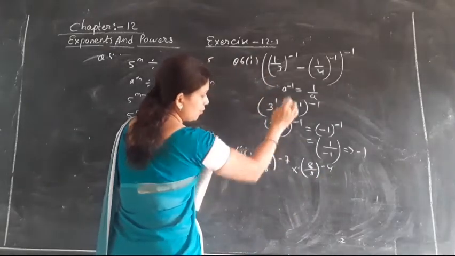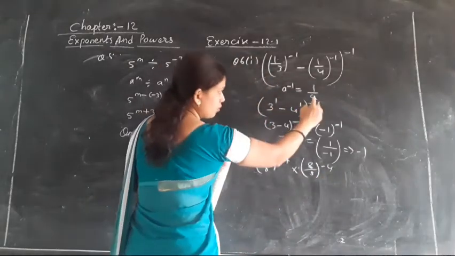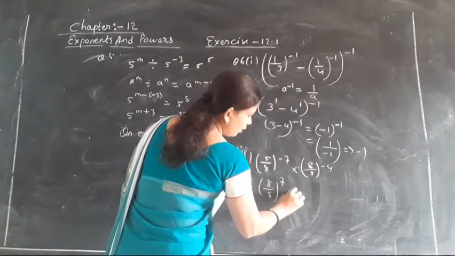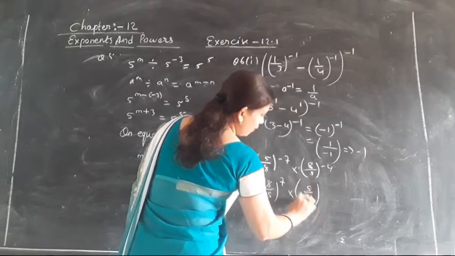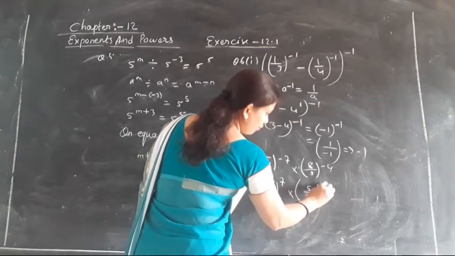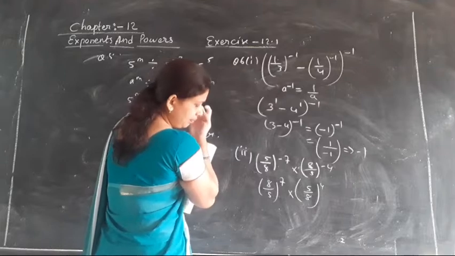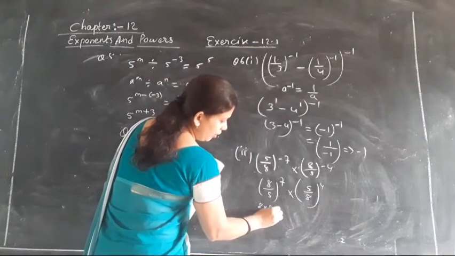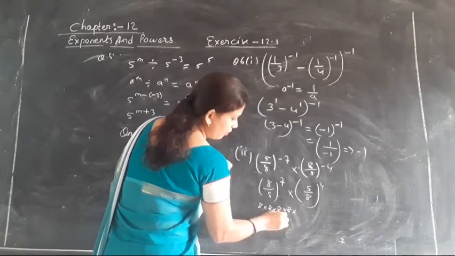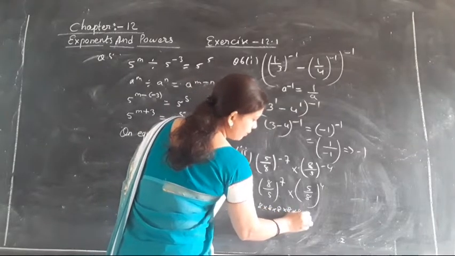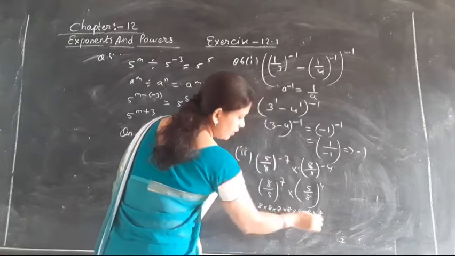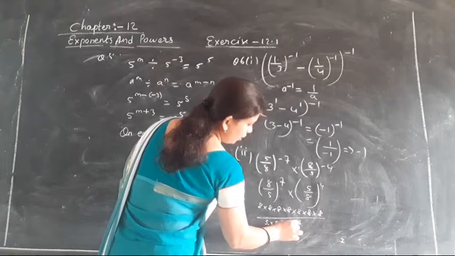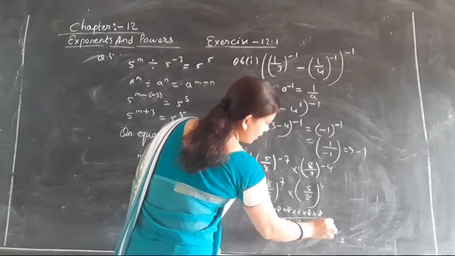So using the laws of exponent, a to the power minus 1 is equal to 1 upon a, it will become 8 upon 5 to the power 7 into 5 upon 8 to the power 4. Now 8 into 8 into 8 into 8, how many times will 8 be? 1 2 3 4 5 6 7, as the power is 7, that's why. So 5 into 5, 1 2 3 4 5 6 and 7.